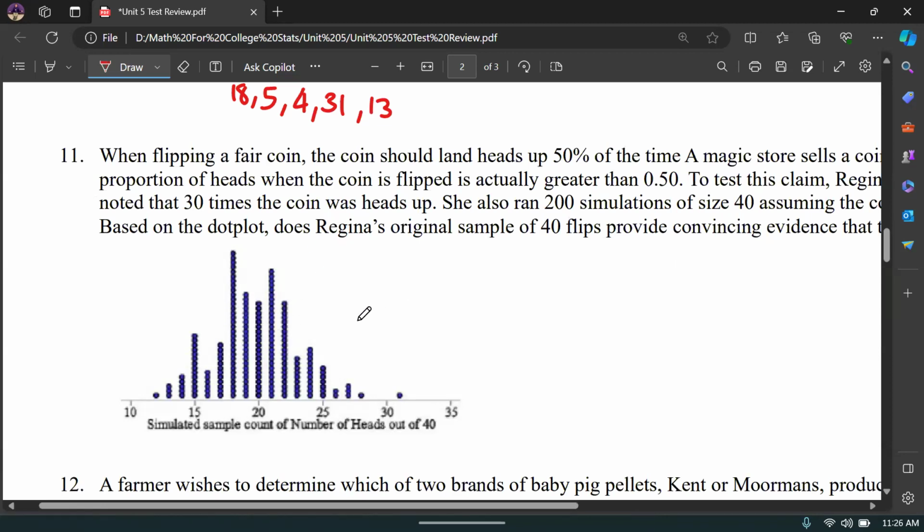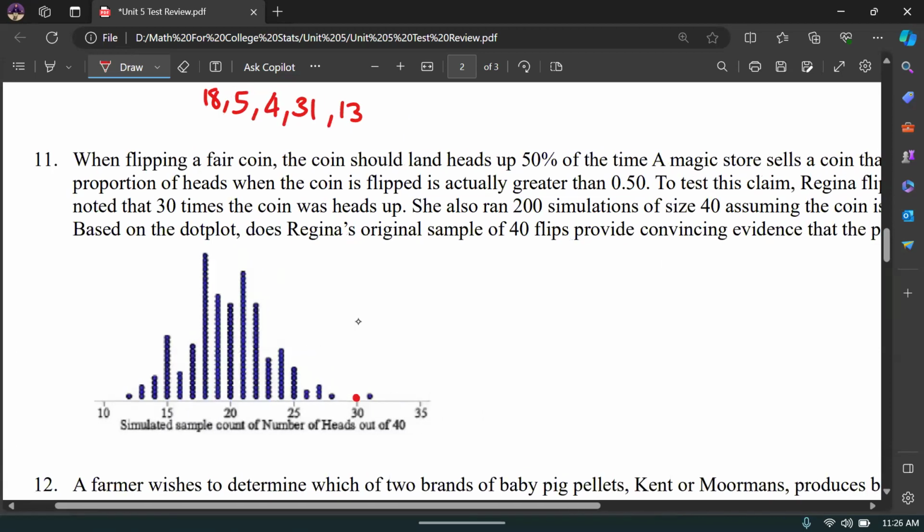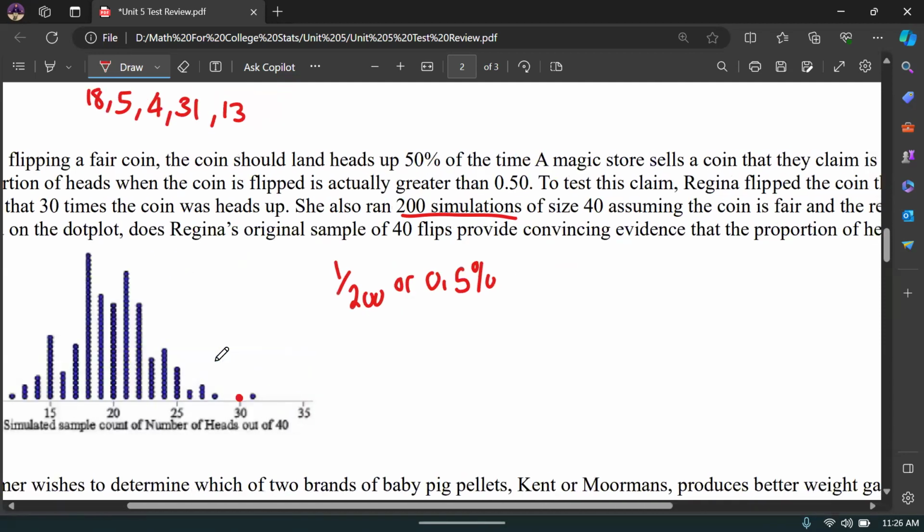But in this case, Regina landed on heads 30 times. And as we can see, remember there are 200 simulations, 200 dots in this graph. Only one out of the 200, or 0.5%, had a result similar to ours or more extreme.